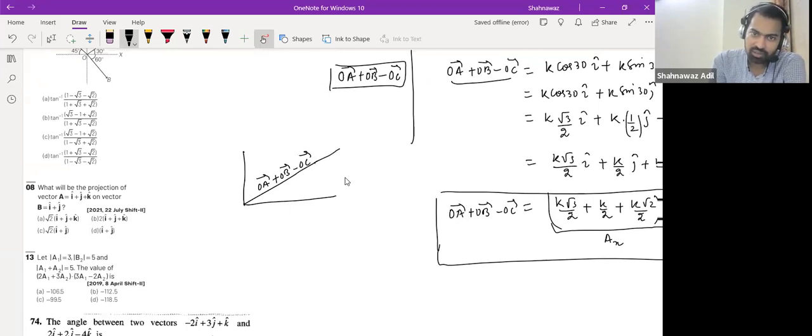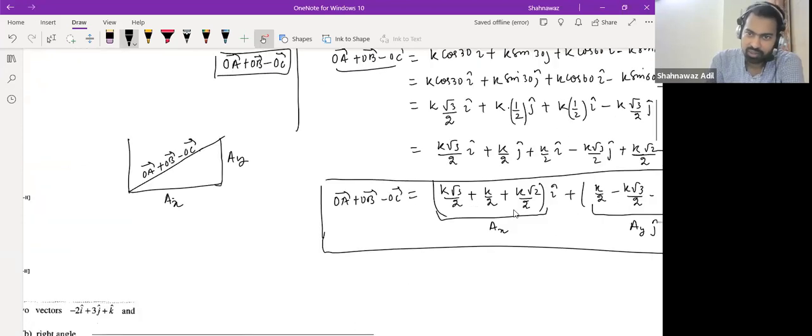So this has some, let's say, ay part and ax part, right? This is ax i, and this is ay j. So we know ay, we know j, and in the question they have asked what is the direction with this x-axis. So they want us to calculate this term.